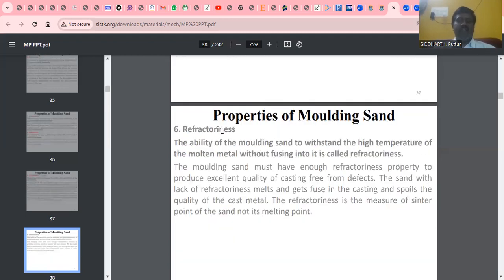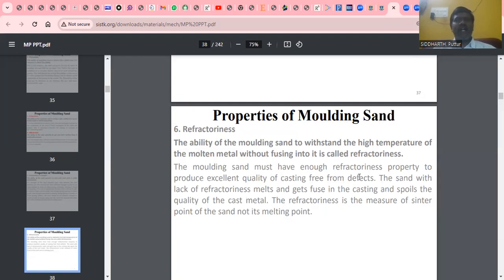Then refractoriness. Refractoriness means the ability to withstand higher temperatures. The molding sand should withstand the high temperature of the molten metal without fusing. In the casting process, we pour molten metal at a very high temperature, it may be 1540 or let's say 1700, into the mold cavity.